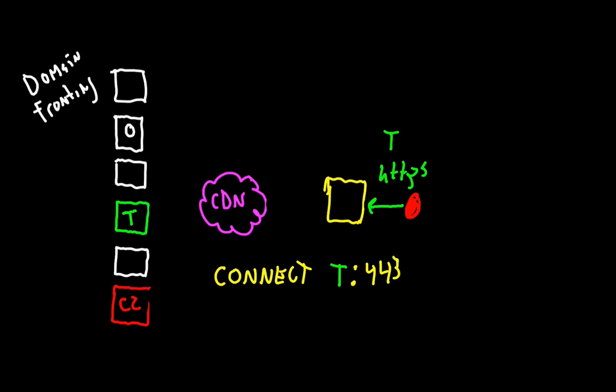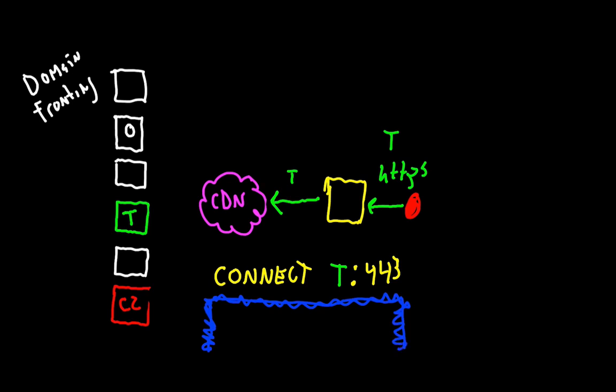And when that's done, what the proxy server will do is it will initiate its own connection to highly trustworthy and reputable domain T, and it will act as a relay. It will basically connect to that, and it will just forward any traffic it receives from us and any responses it receives from the CDN.